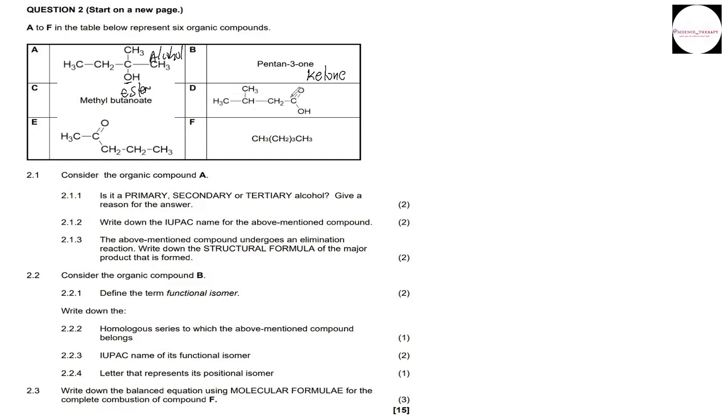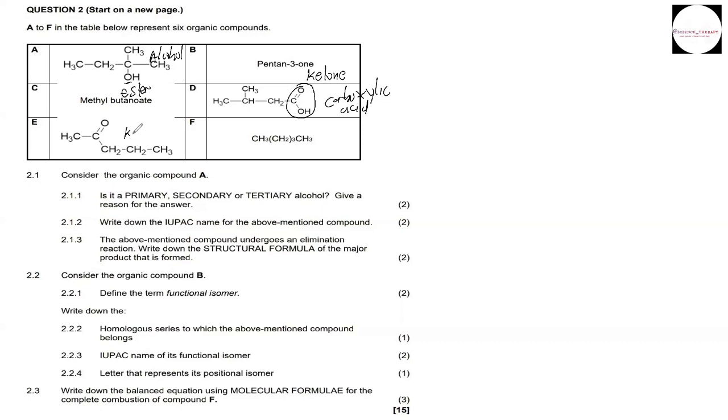Then D, looking at the functional group here, we can see that this is a carboxyl group, so this belongs in the carboxylic acid homologous series. And then let's have a look at this one. We can see that the double bond oxygen is in between other carbon atoms.